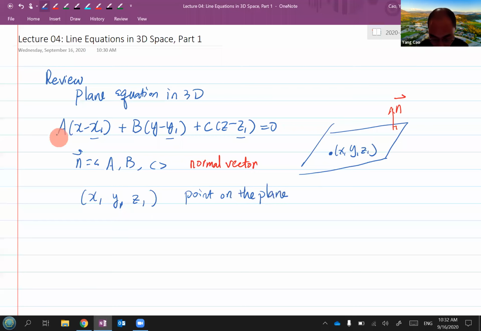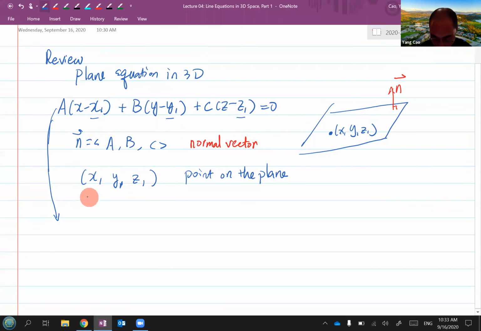And this equation here, you can expand it. You can certainly expand it, basically multiply A, B, C into the bracket. Then you can rewrite the equation in a little bit simpler, shorter expression, which will look like this.